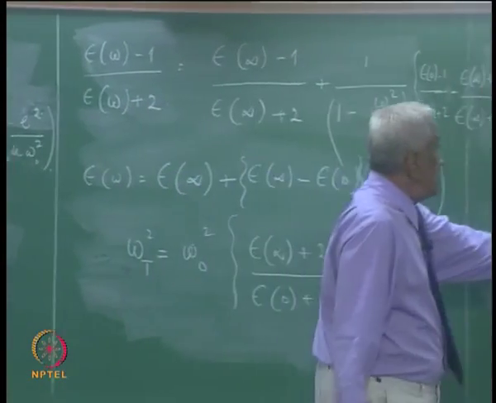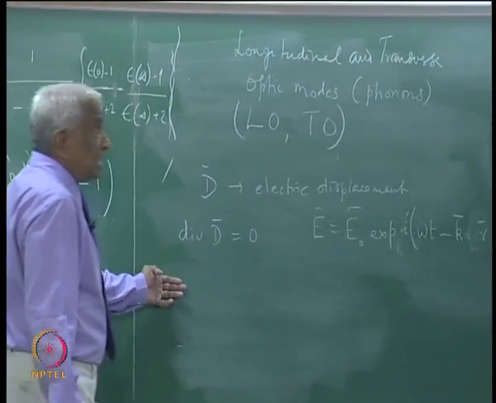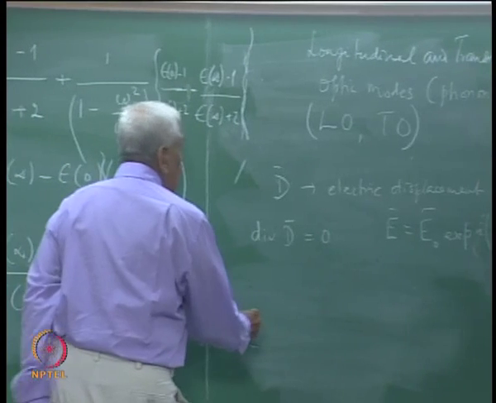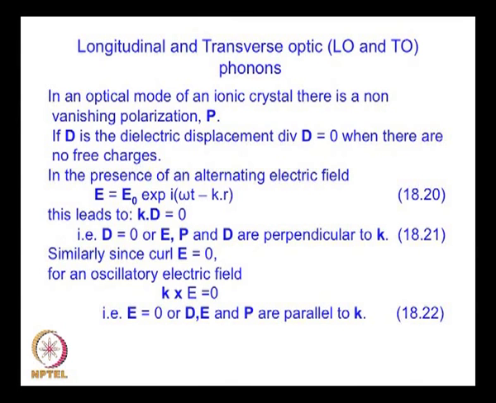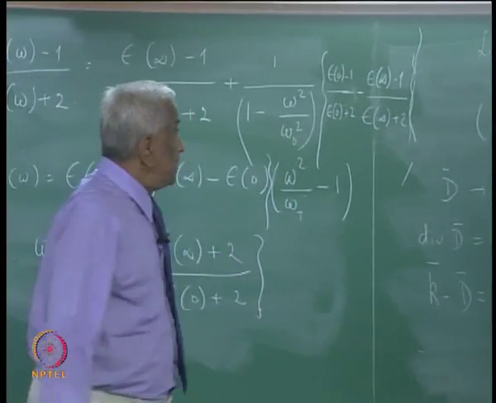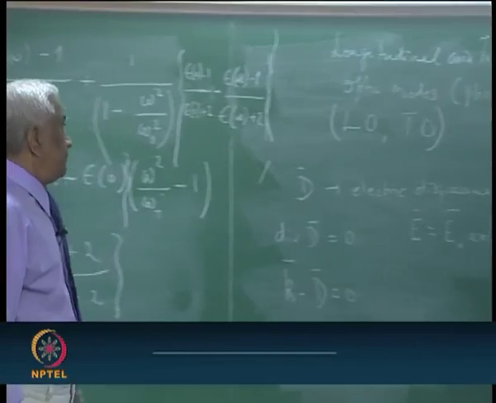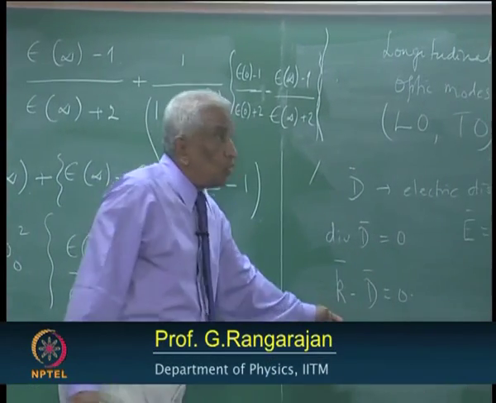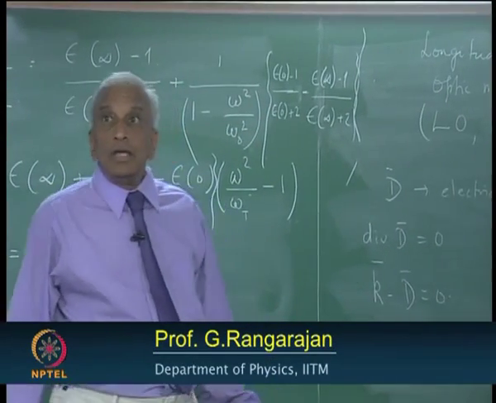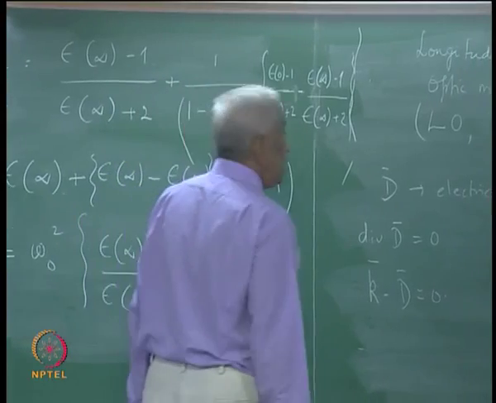So, using this, div D equal to 0 goes to the equation k dot D equal to 0, because taking the divergence means replacing this by i k.